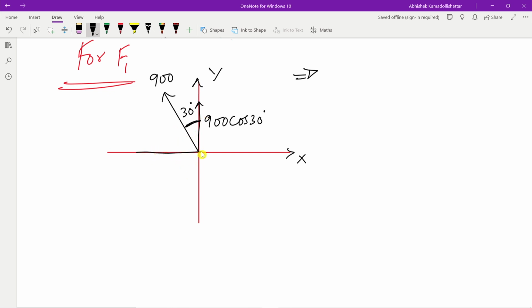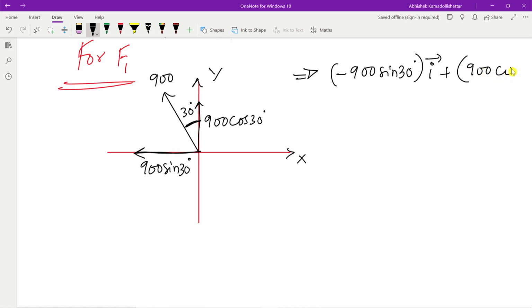The direction of x is on the negative side, so it is minus 900 sine 30 degrees into vector i, plus upward force is positive, 900 cos 30 degrees into vector j.